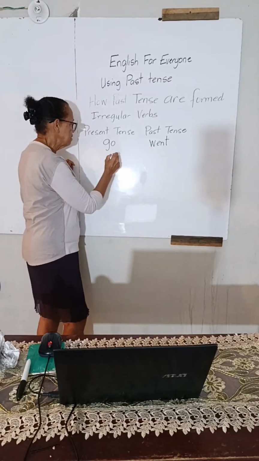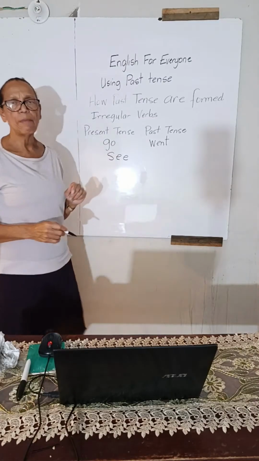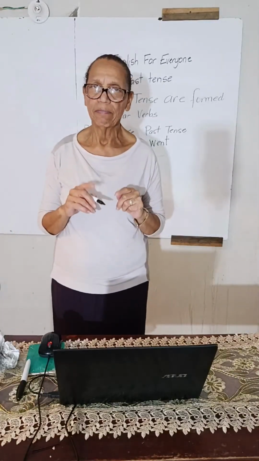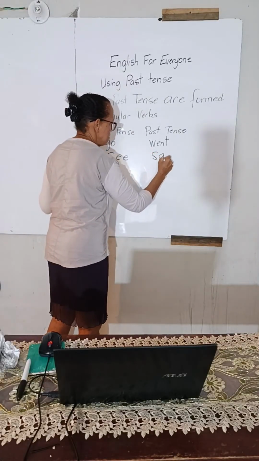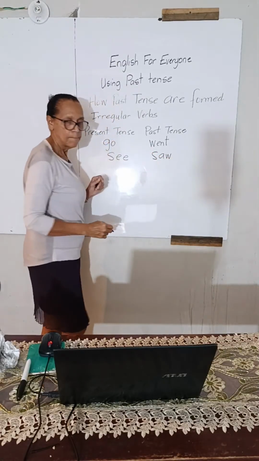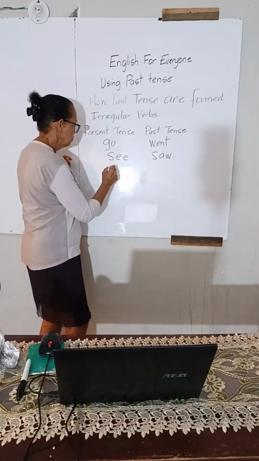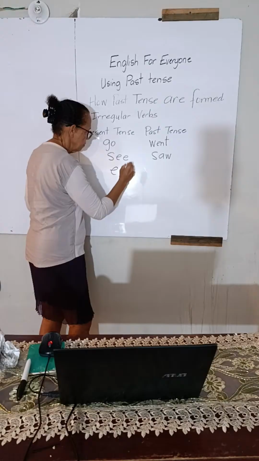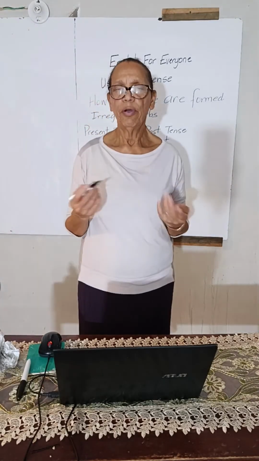What is the past tense for see? And that is saw. What about eat? I like to eat bun and cheese.